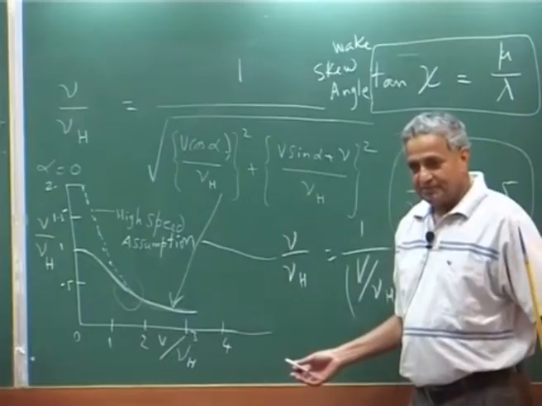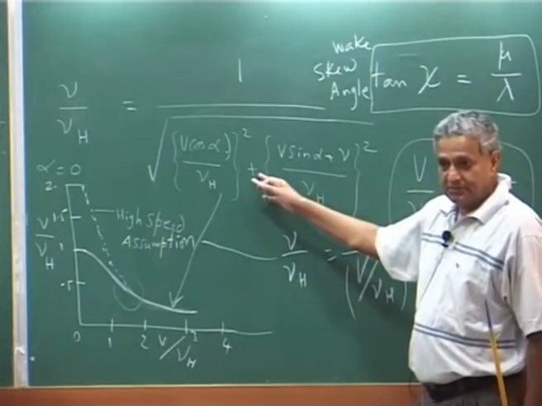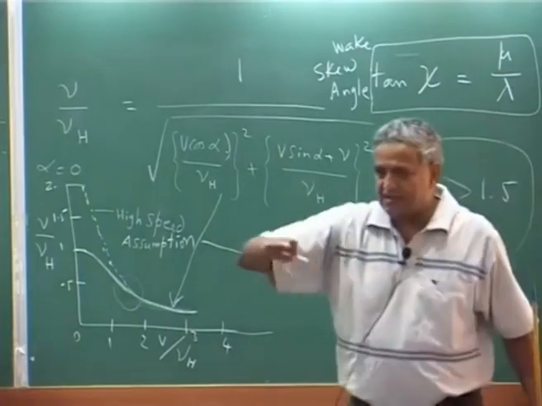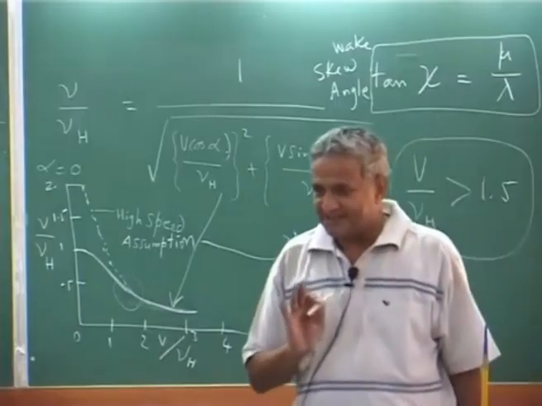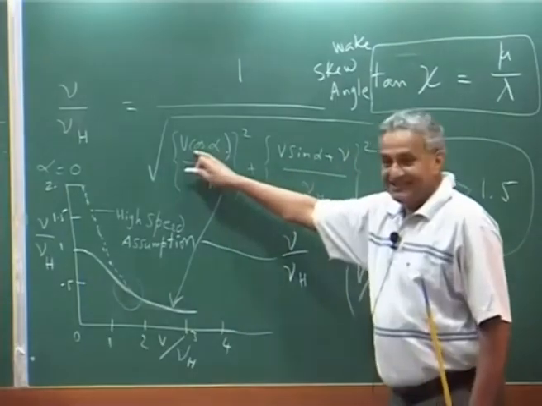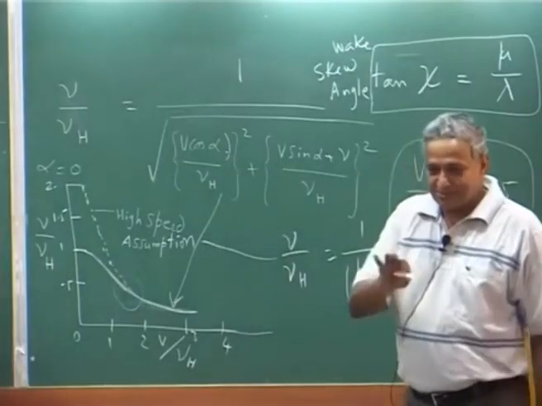This is this curve with alpha 0. That is also high speed, isn't it? This one? No, this is not high speed. Then alpha should not be equal to 0? Why? I can fly horizontally, that is not high speed. Please understand, high speed is when V is much larger than nu. It has nothing to do with alpha.